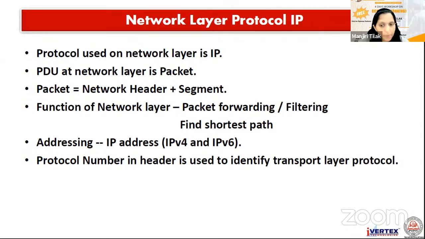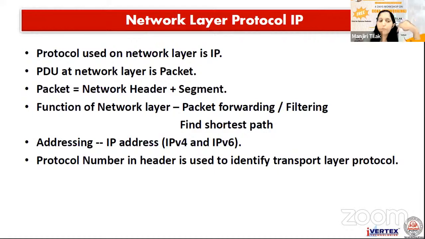So remember, if the TCP protocol is used on the transport layer, you will find protocol number 6 in the IP header. If you find protocol number 6 in the IP header, you must understand that the segment on the transport layer was created with TCP.